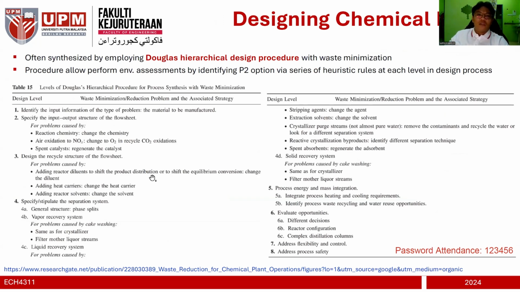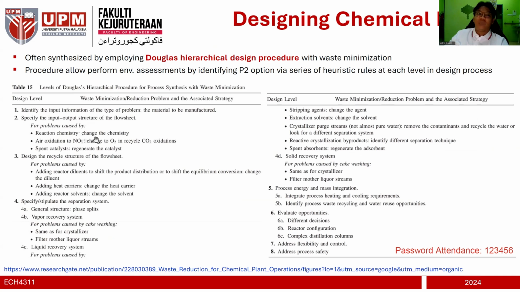I'm not going to go into this, but in table 15, the idea is like this. If you want to minimize something or reduce a problem, what is the strategy? Let's say the problem here is the reactor. How can you minimize something? Let's say the reactor produces more byproduct, but you want to minimize your byproduct.